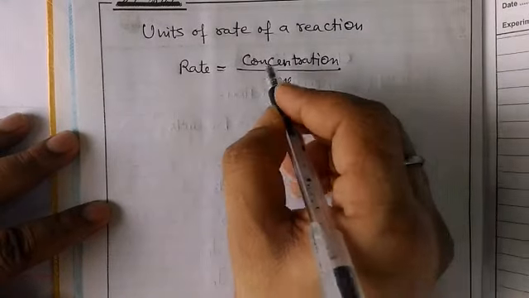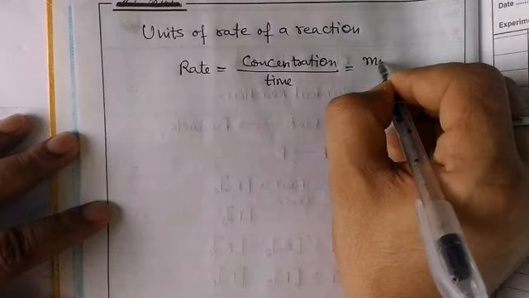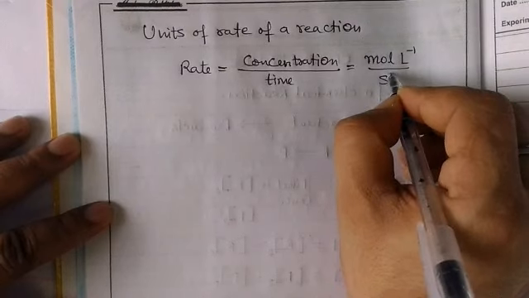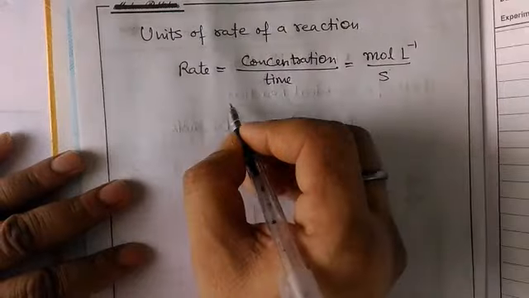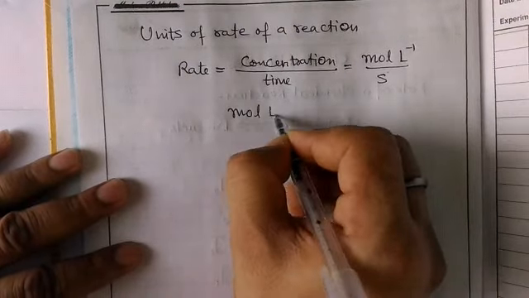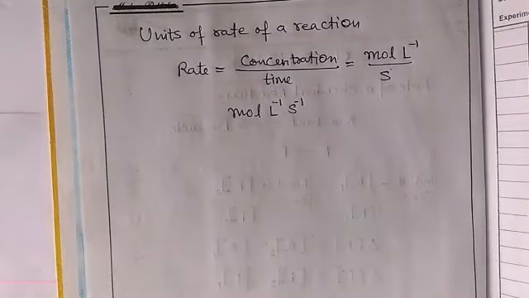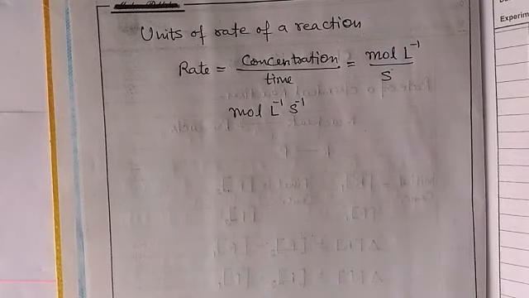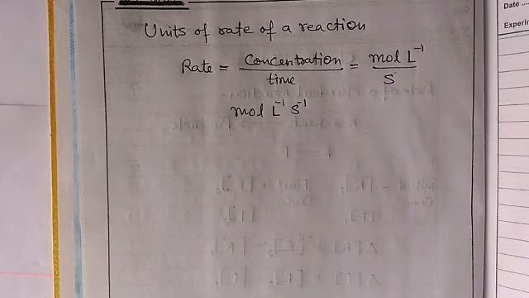So concentration has unit mole per liter, and for time if we are using second, this is what we are going to place. So the unit will be mole per liter per second. This will be the unit of rate, average rate of chemical reaction.